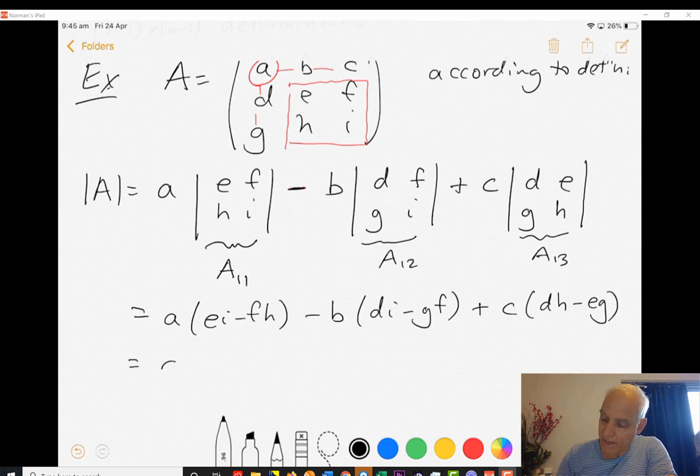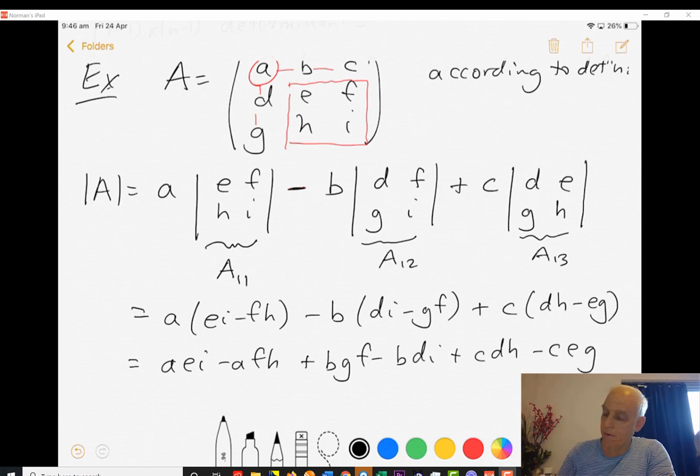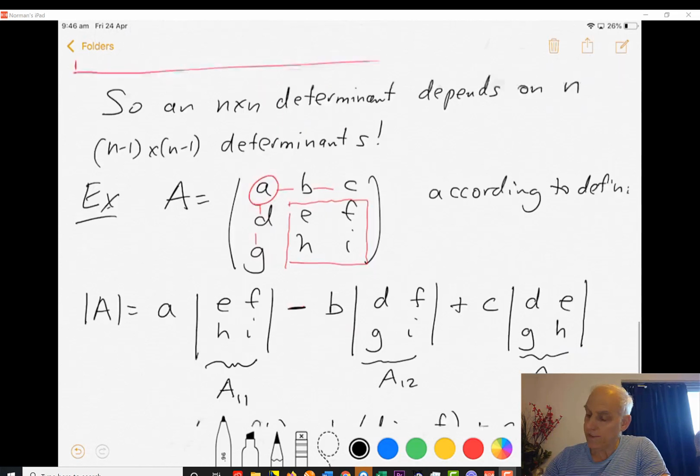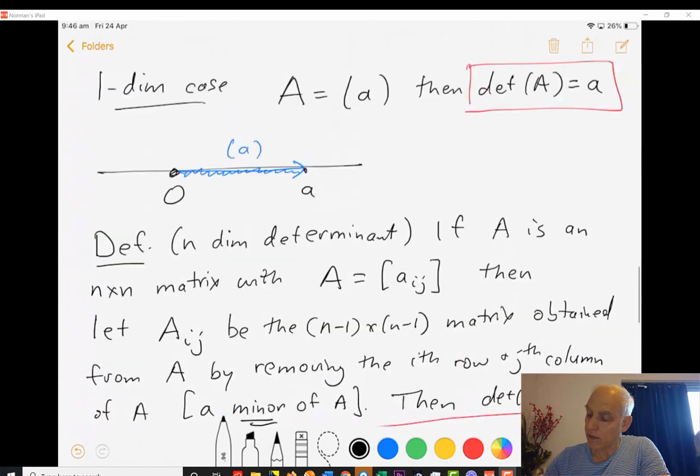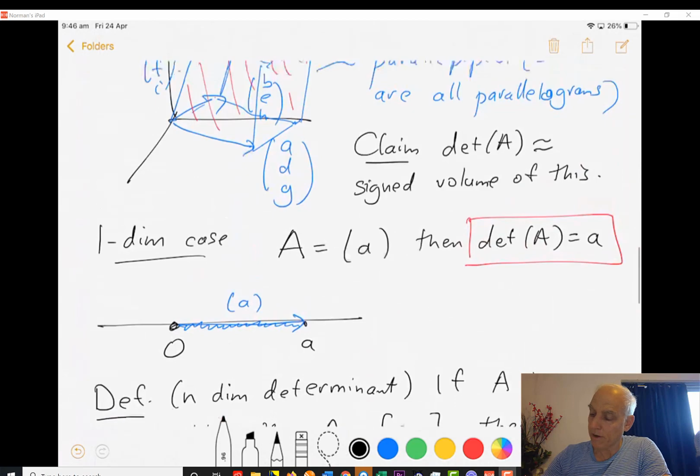Okay, and if we expand that, we get AEI minus AFH minus BDI plus BGF plus CDH minus CEG. And hopefully that's the same as what I originally told you was the definition up here.